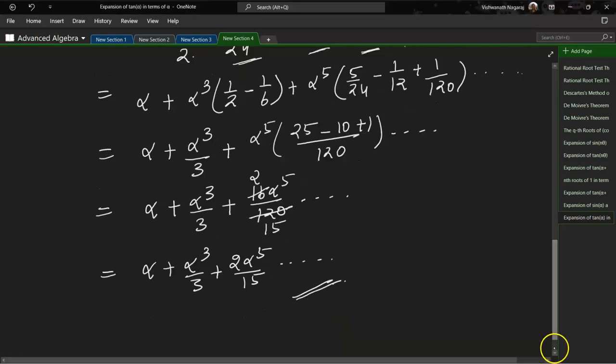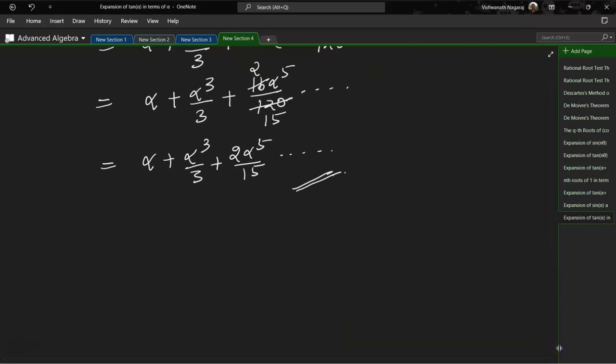Now here the tricky part was to apply the binomial theorem, right?